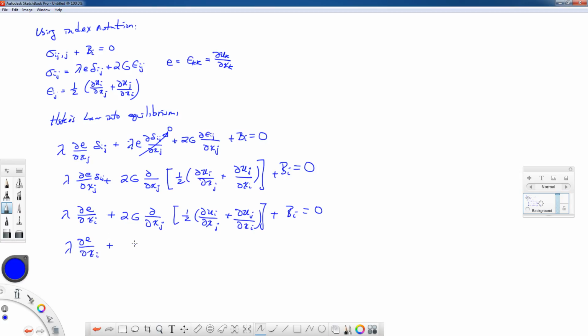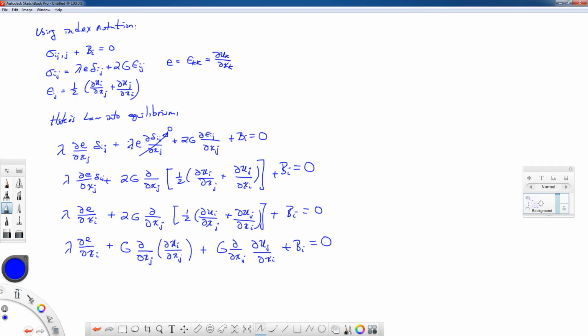Where I distribute this partial derivative through, I have g times the partial derivative of this term, ui with respect to xj, with respect to xj, and then the g and the partial derivative with respect to xj of the next term, partial of uj with respect to xi, and then the body force term tags along, equals 0.